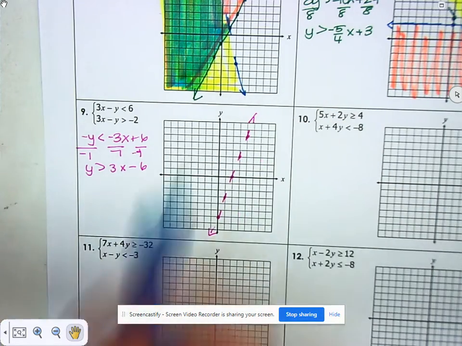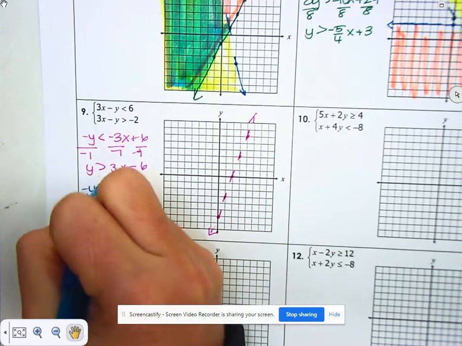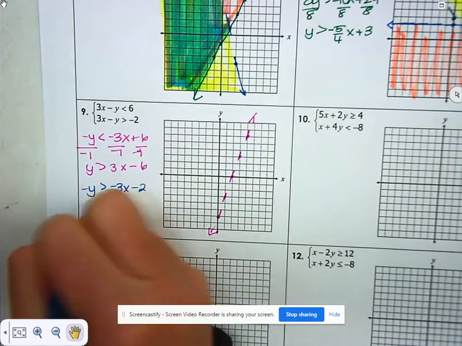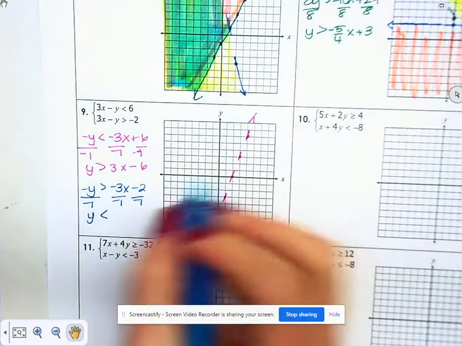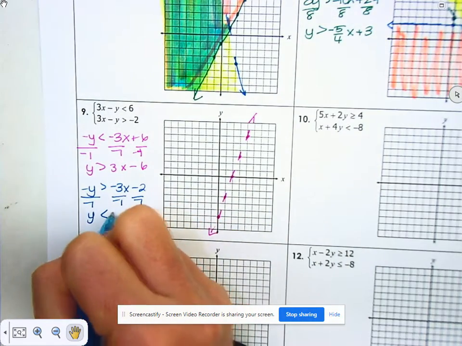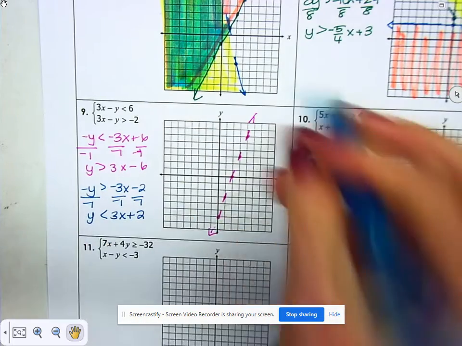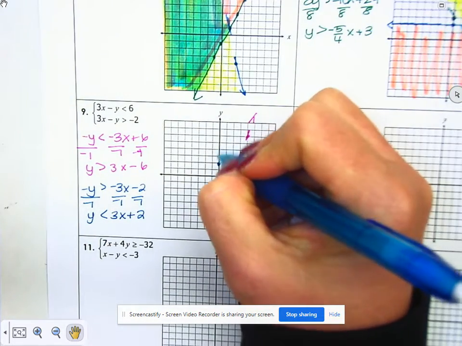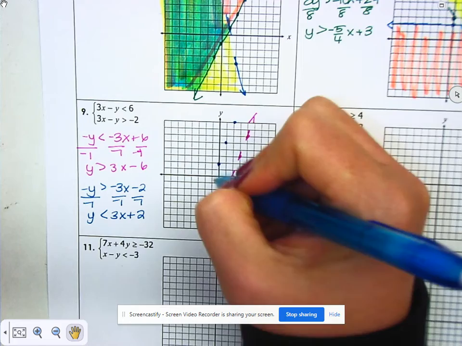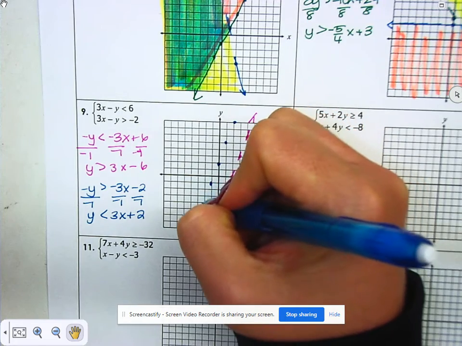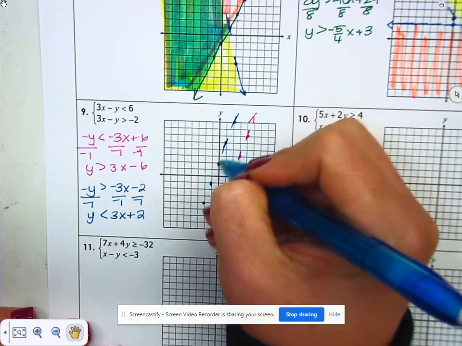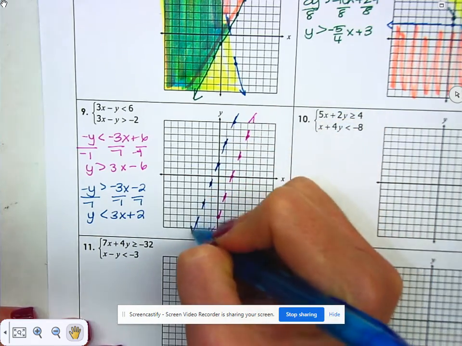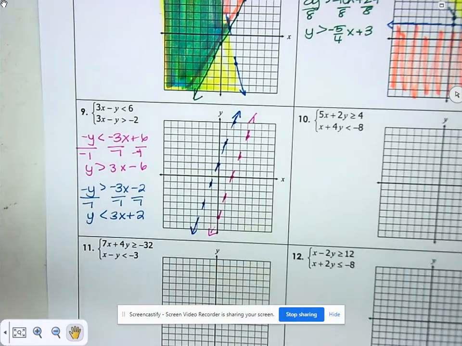through there. All right, for the second one, again, we're going to move the 3x and divide by the negative 1. So flip your sign, and that is positive 3x plus 2. So you should have noticed, maybe you caught on to it initially, and they're both dotted, that these lines are parallel.